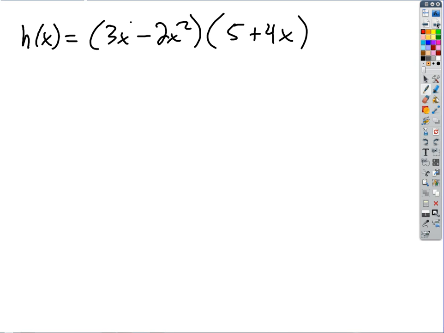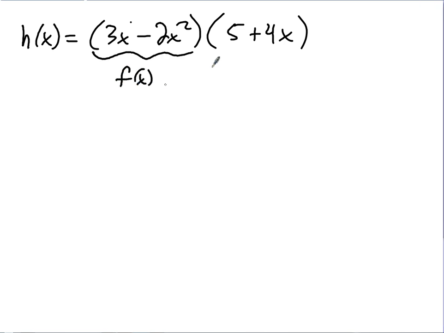Now, what are we calling f of x and g of x here? Okay, so we've got a product of two factors, and that's what this formula does. It takes the derivative of a product. So one of these we would call f of x, and one of them we would call g of x, and we'll just apply our new pattern, our new formula.